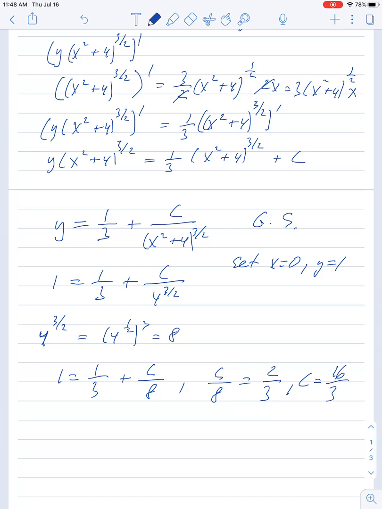Finally, we can write our solution. y equals 1/3 plus 16 over 3 times x squared plus 4 power 3/2. Look at this solution. It's a function which satisfies the differential equation, and when x is 0, y equals 1.